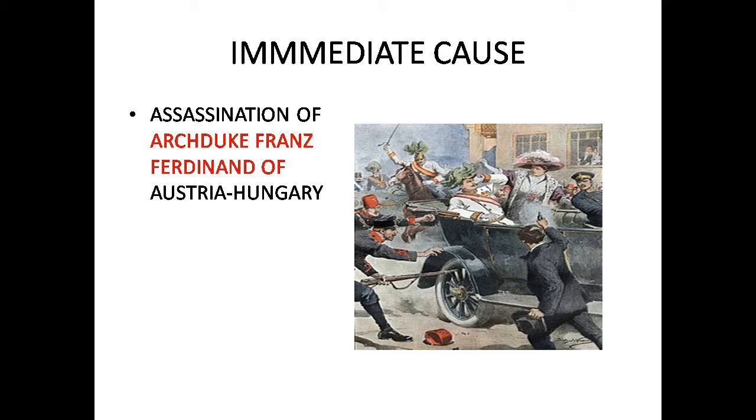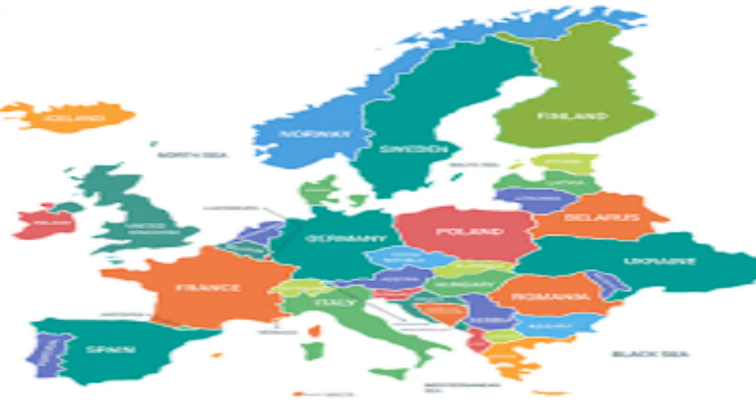So Austria declared war on Serbia on 28th July 1914. As Serbia was on the side of Britain, France, and Russia, they came to support it, and Germany jumped into the war in support of Austria. That's why it was called the First World War, and this was the immediate cause.